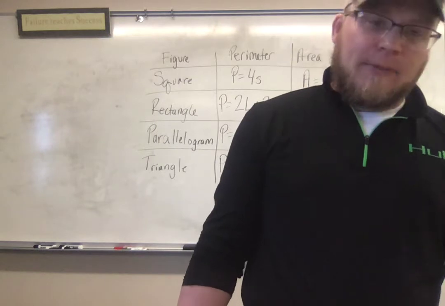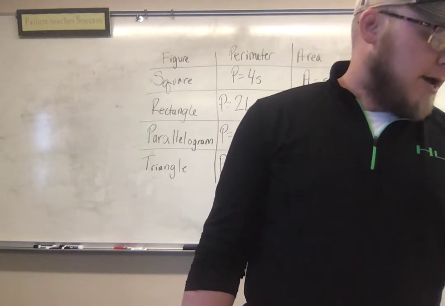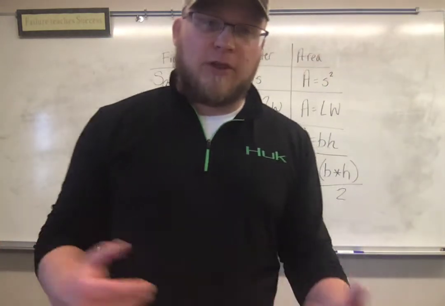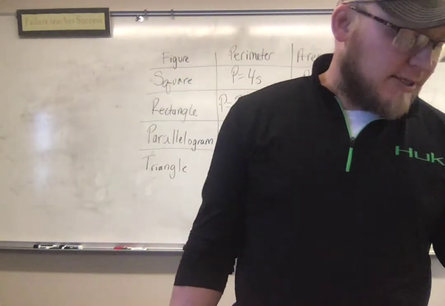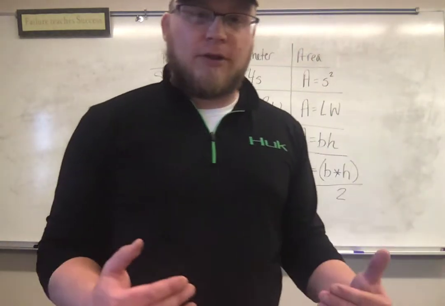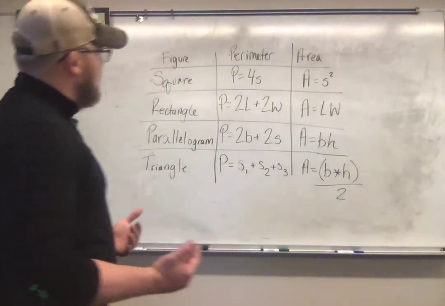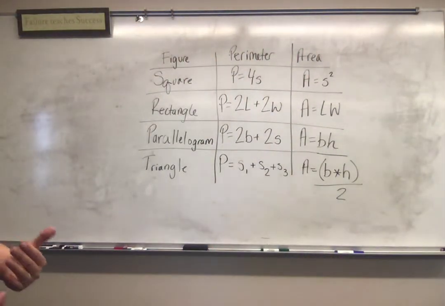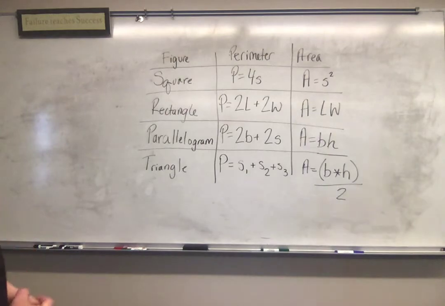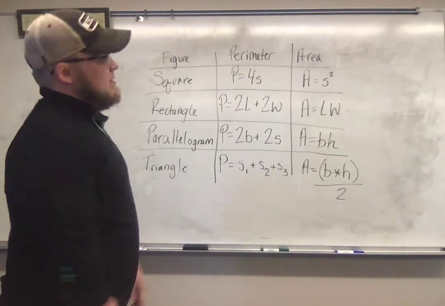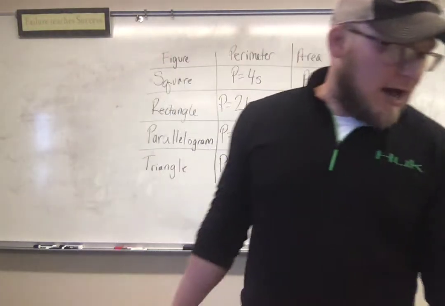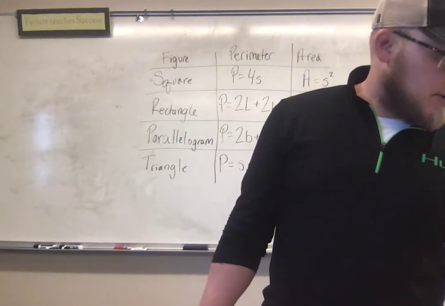The second box says perimeter, and it lists all the formulas for the perimeter. The third box says area, and it lists all the formulas for the area of that shape. I wrote that behind me on the board, and we'll go through that because that's really what the lesson is about. It just wants you to use that.